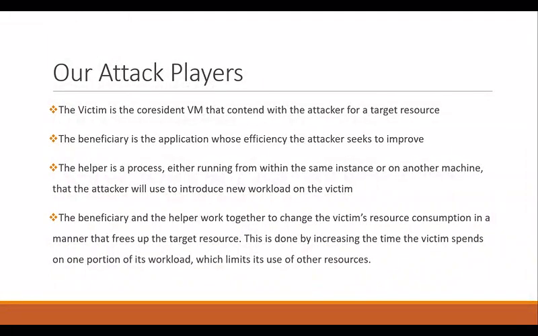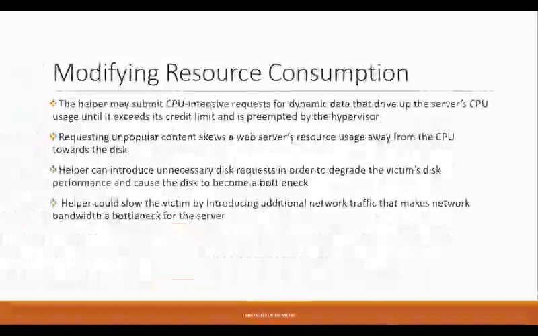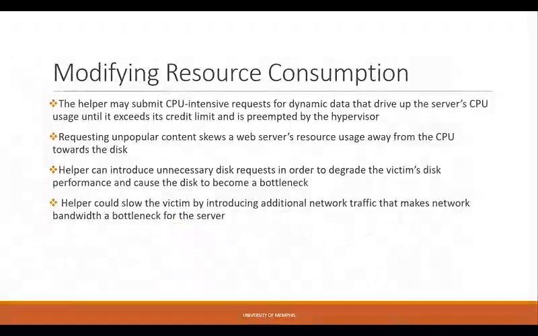The helper is a virtual machine or software application that will help us to achieve this. The helper will be trying to achieve the beneficiary's goal, trying to drive some of the victim's resources to their bottleneck, so that the beneficiary can make use of the other resource.